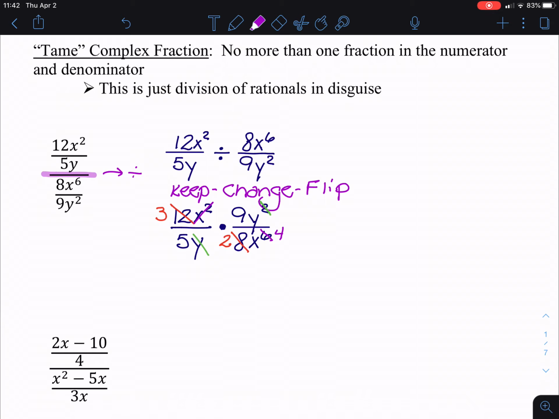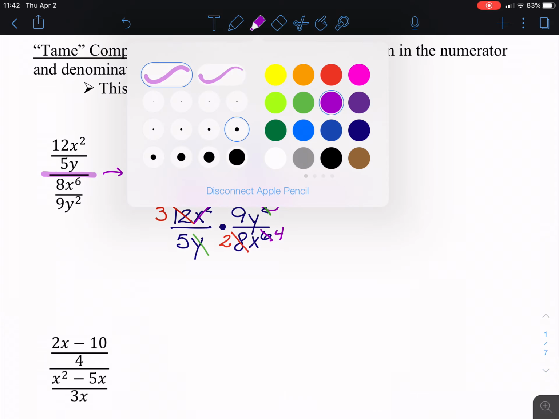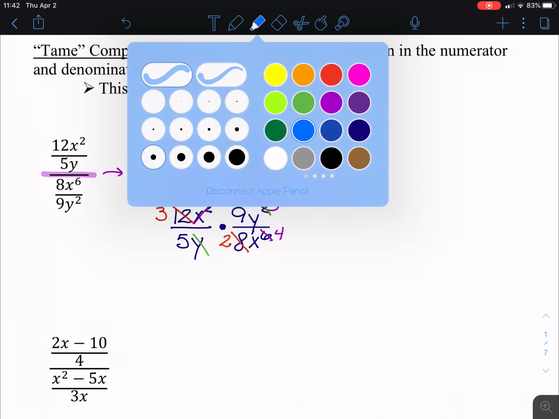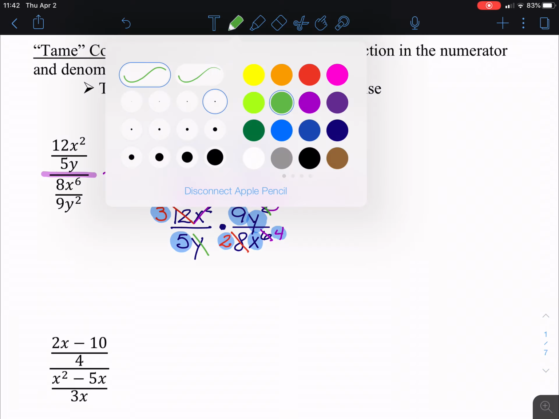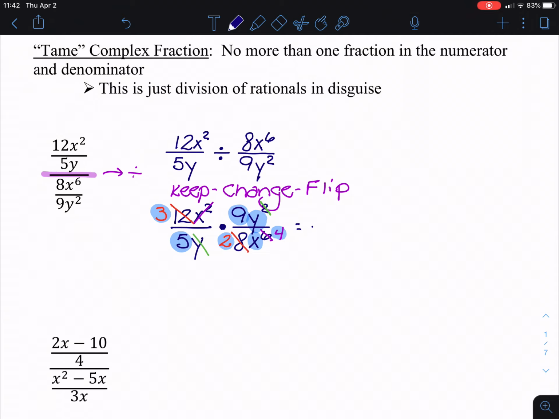All right. So now I can take a look and see what it is that I have left. So I have a 3, and I have a 9, and I have a y in my numerator. In my denominator, I have a 5, I have a 2, and I have an x to the 4th. Okay, so I'm going to go ahead, write all those together, and then multiply where I can.